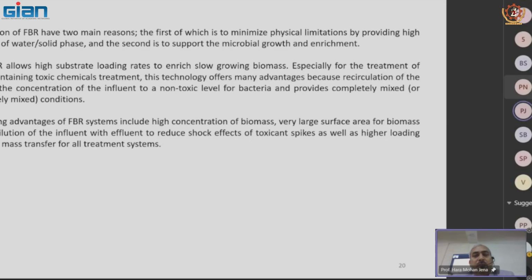This technology offers many advantages because recirculation of the wastewater dilutes the concentration of the influent to a non-toxic level for the bacteria and provides completely mixed or semi-mixed conditions.